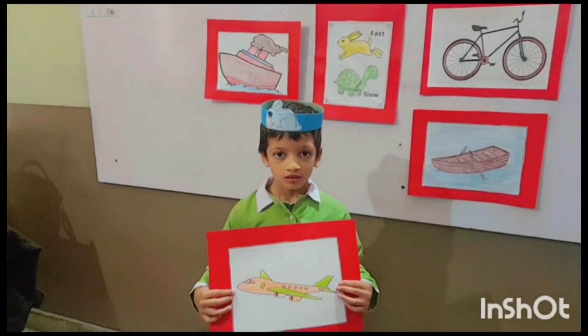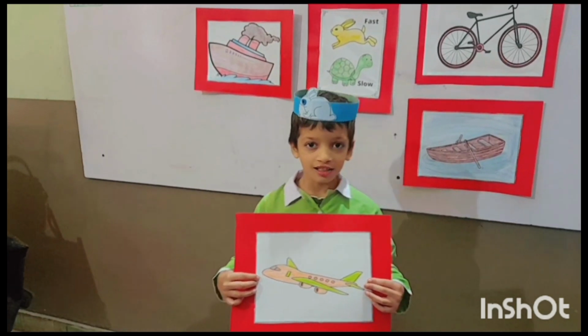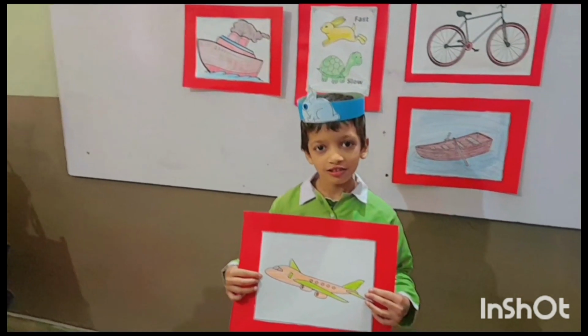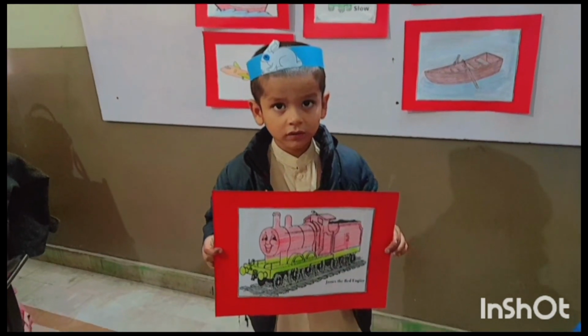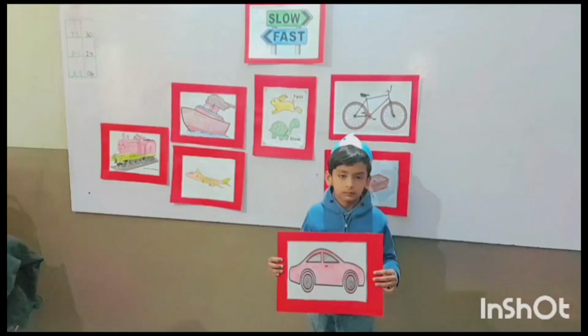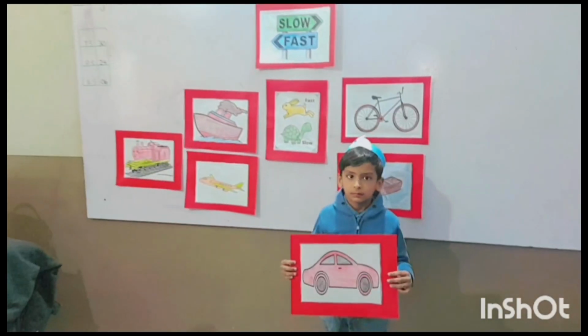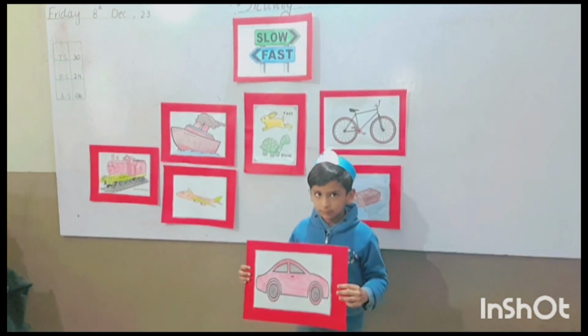Yes, what is this? Aeroplane. It flies fast. What is this? Train. It is fast. Zarun, what is this in your hand? It runs fast. Paste it on the board.